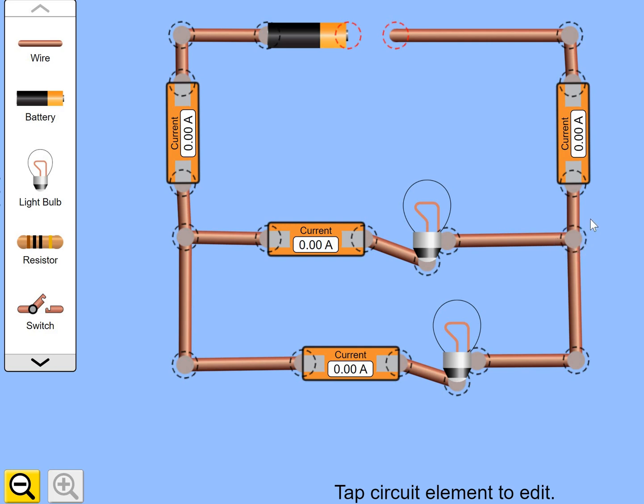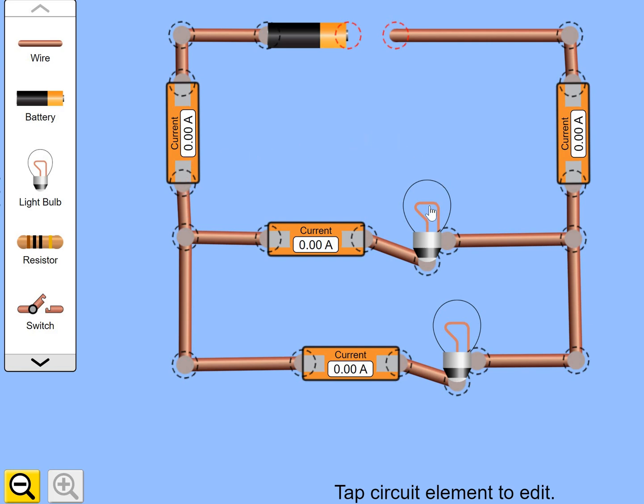What do you think is going to happen to those electrons? And then as they flow through the branches, what's going to happen to the electrons at this point as well, and subsequently the current readings?